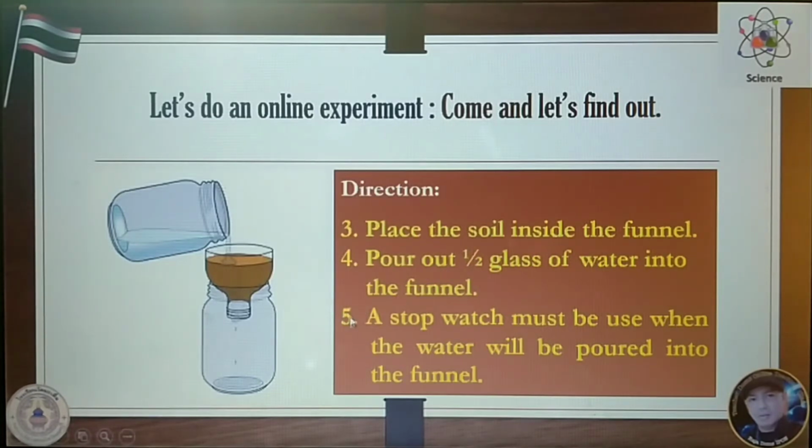Number 5, a stopwatch must be used when the water is poured into the funnel.